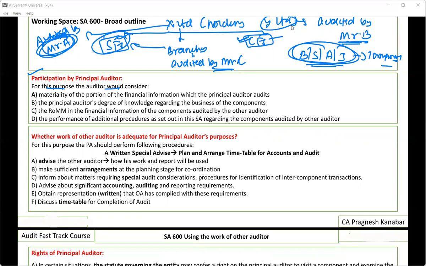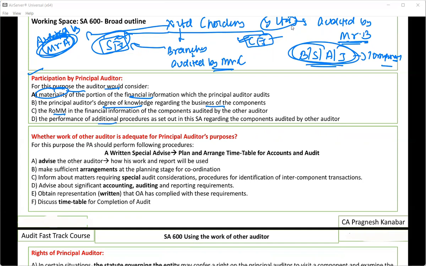This was there in the July 21 attempt. For this purpose, the auditor would consider the materiality of the portion of financial information which the principal auditor audits, and the principal auditor's degree of knowledge regarding the business of the components. So you should have knowledge of the business of the components, and the ROMM, risk of material misstatement, in the financial information of the overall entity and in the financial information of the components.